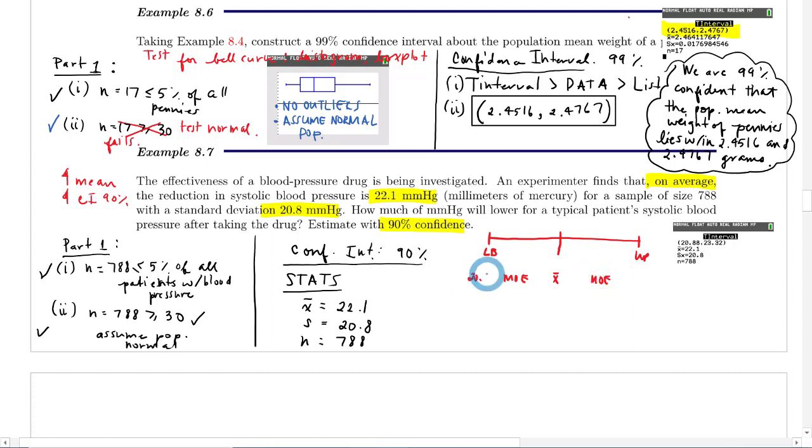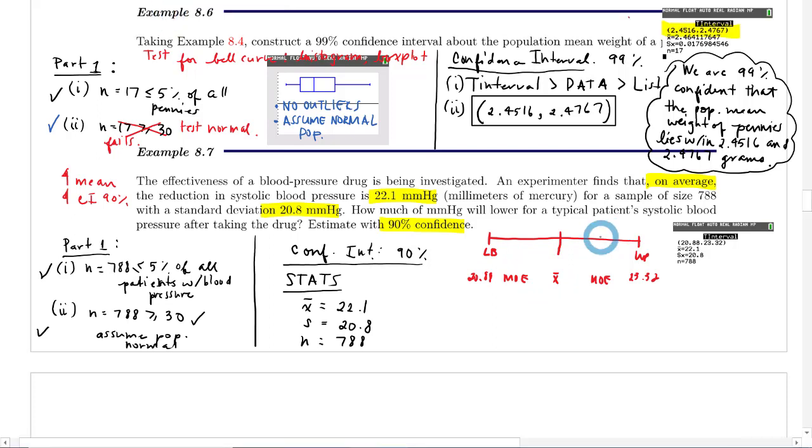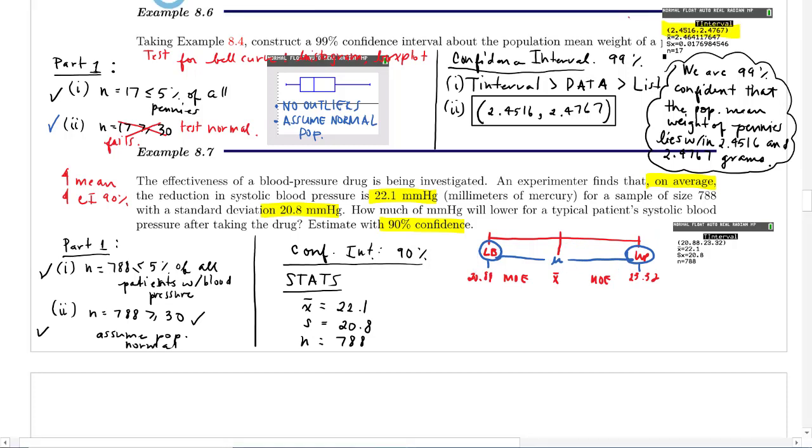The 20.88 and 23.32. So this means that the population average of systolic blood pressure is between the lower bound and this upper bound.